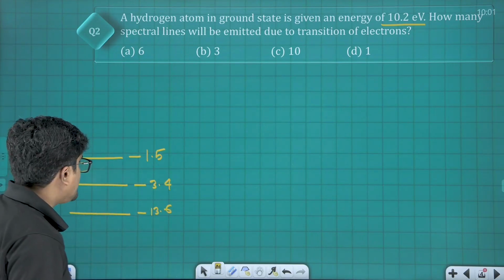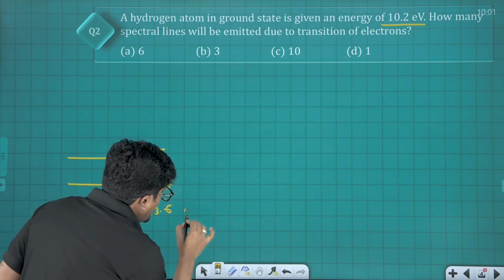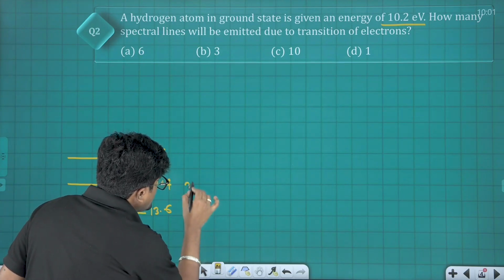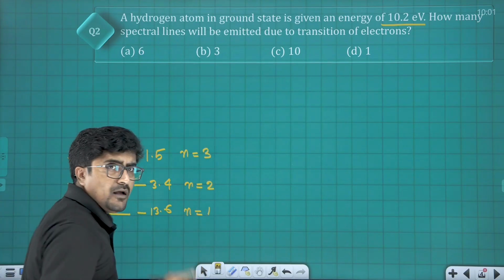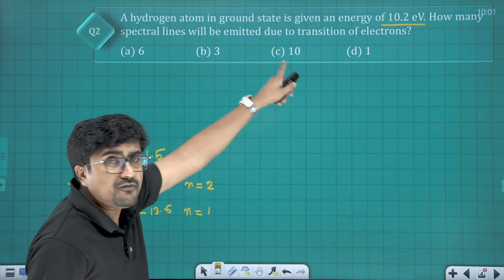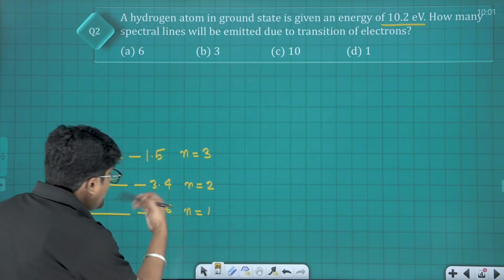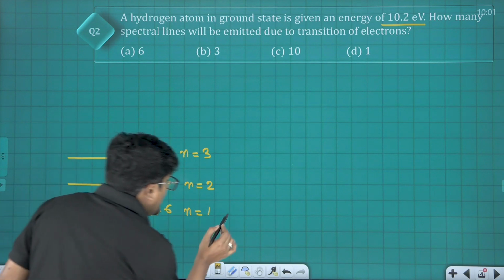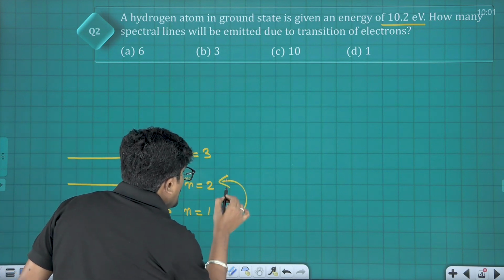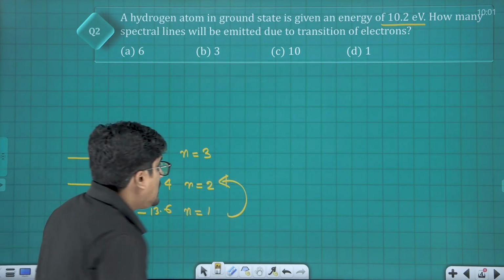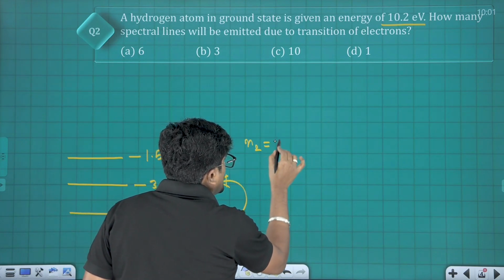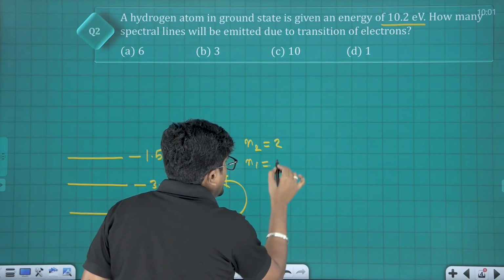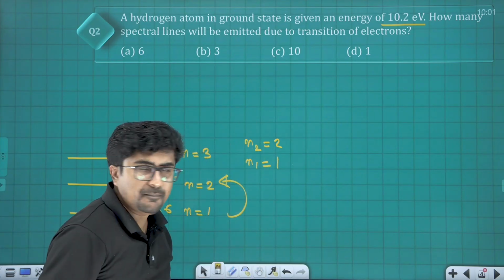This is how it varies. Now, I can mark this as n equal to 1, here this is n equal to 2, and here this is n equal to 3. What is the amount of energy that we are providing? 10.2. So, if we provide 10.2, definitely it is going to jump from 1 to 2. Alright. So, I can say here, n2 is equal to 2, and n1 is going to be 1. That means from 2 to 1 it is jumping.